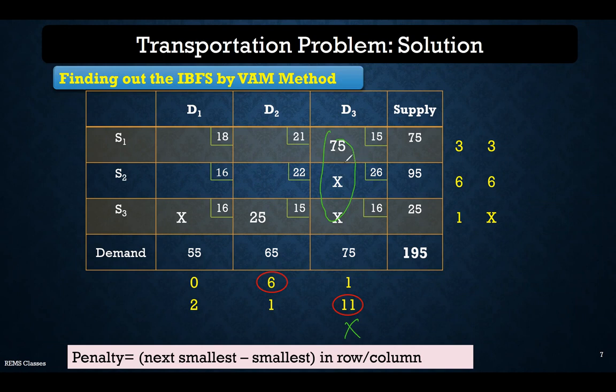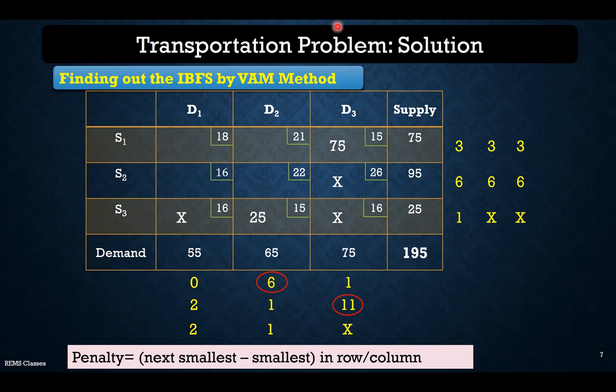So we will stop finding the penalty for this particular column. Again, we'll find the penalty in the same way as earlier, for each row and for each column. So for the next time, the penalty for row and column is like this.